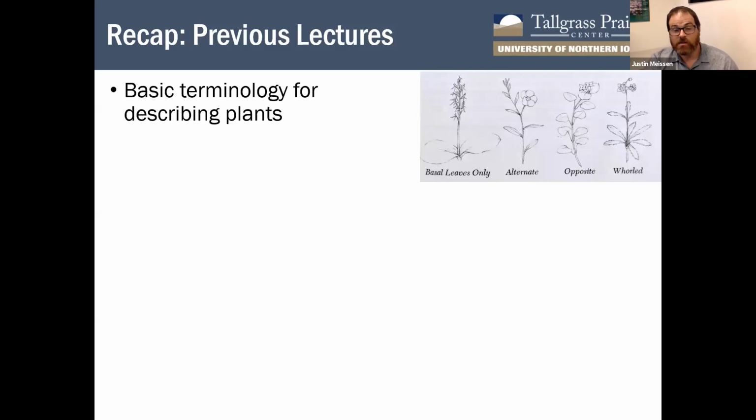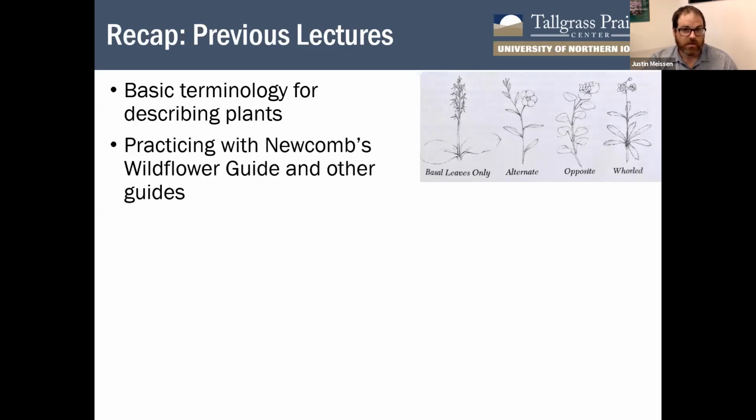Recall from previous lectures that we discussed some basic terminology when describing plants, particularly in how we describe flowers as regular or multi-parted, leaf types as alternate, opposite, whorled, leaf edges as entire, toothed, lobed, or divided. We used Newcomb's guide with that terminology to identify several plants, but we also used other guides like Minnesota Wildflowers' website.